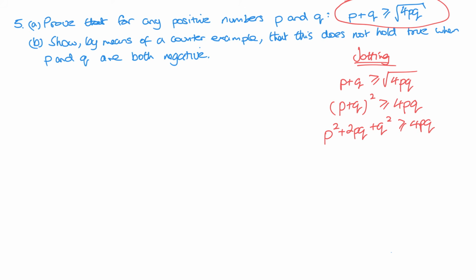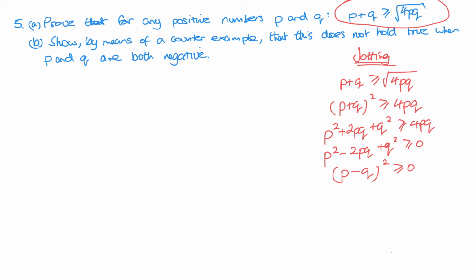Take away 4pq. And then if we look here, we should be able to refactorize that. So this is now the place that we want to start, because this is a statement of fact.